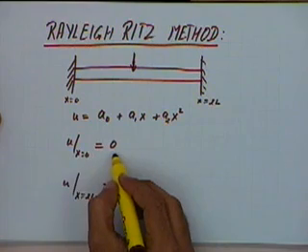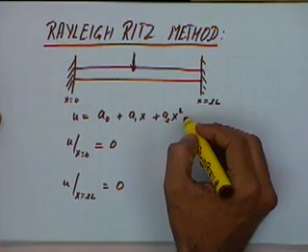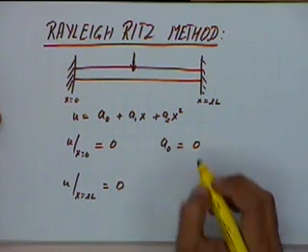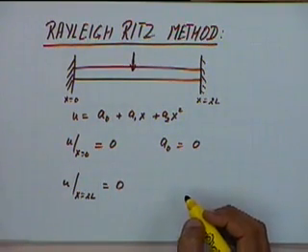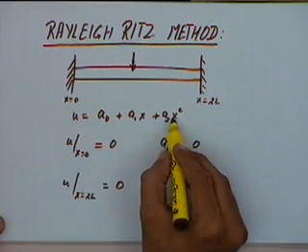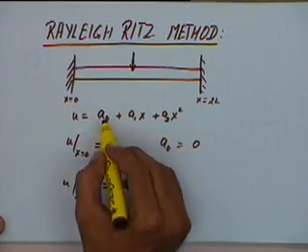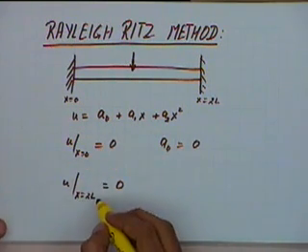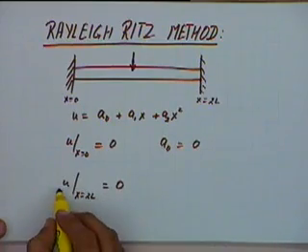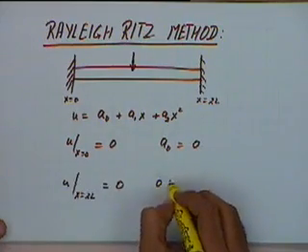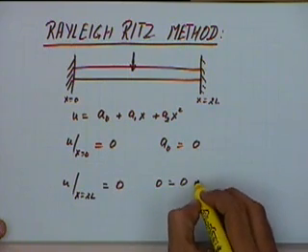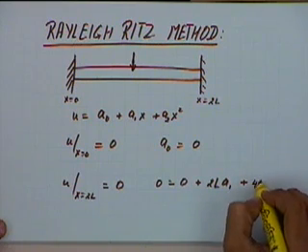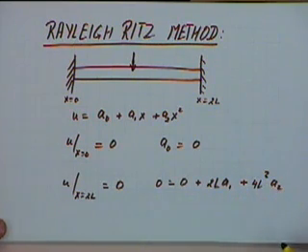If you use this expression, put it in this, what we will get would be a0 will be equal to 0. At x equal to 0, these two terms will become 0, u is given to be 0, so a0 will be equal to 0. Now we put x is equal to 2L and then u is equal to 0, so what we will get will be 0 is equal to a0, which is known to be 0, plus 2L into a1 plus 4L squared into a2.